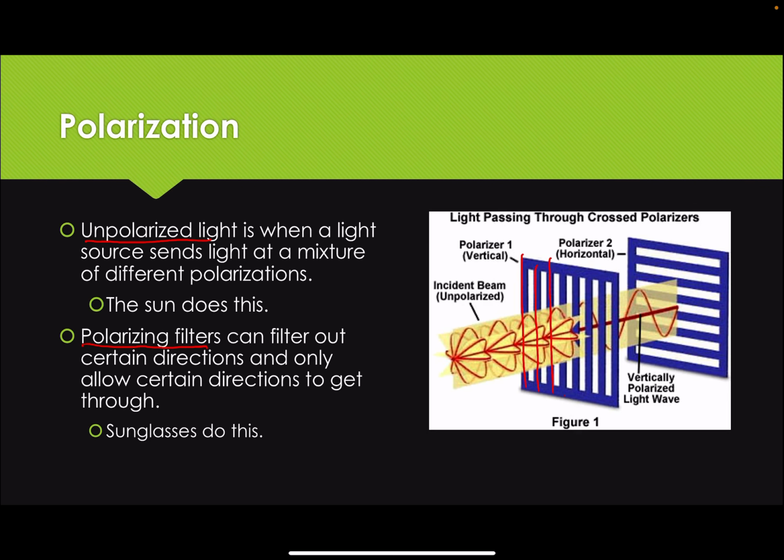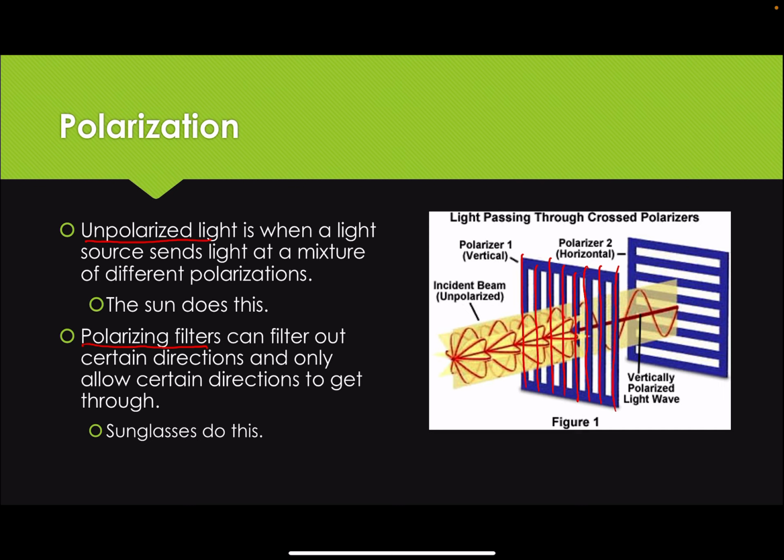If we have a vertically polarized filter here, it's only going to allow light that's propagating vertically, or at least light that has a vertical component to it. If it's at an angle, it'll just diminish the amount of light that gets through. It won't cancel completely.